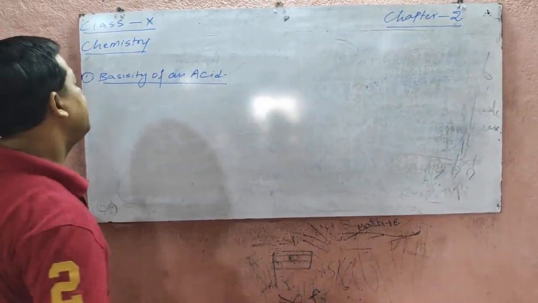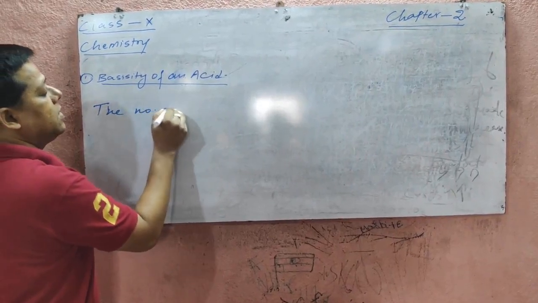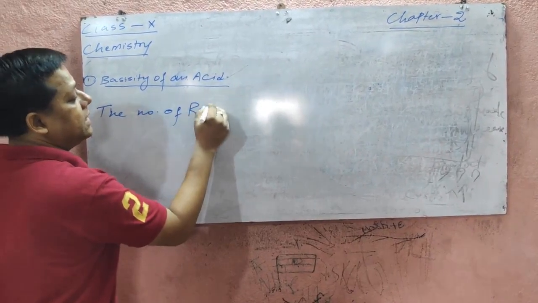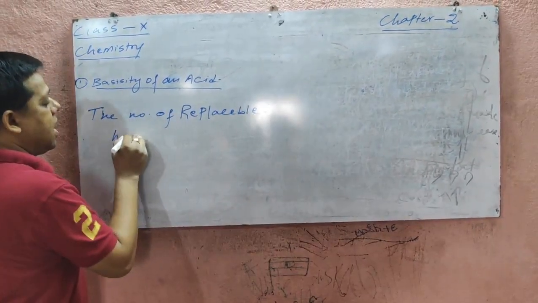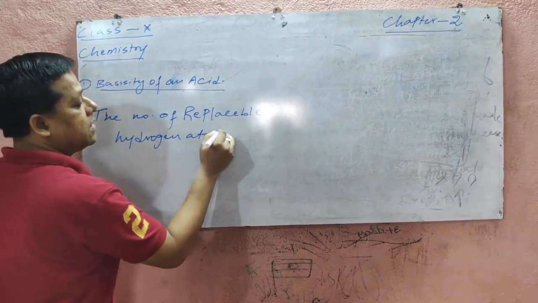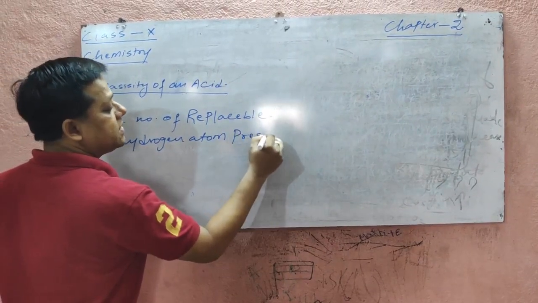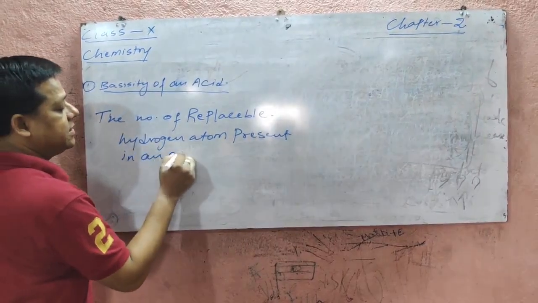Basicity of an acid means the number of replaceable hydrogen atoms present in an acid.